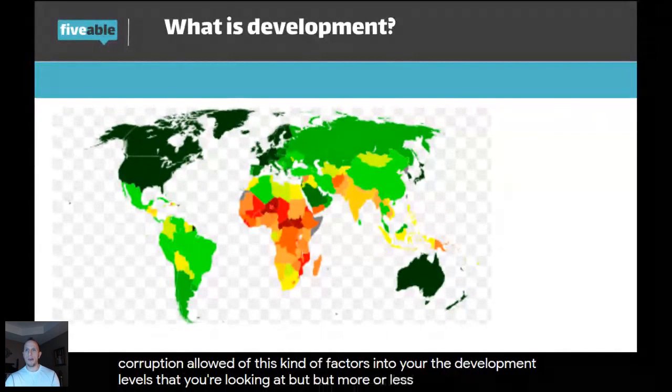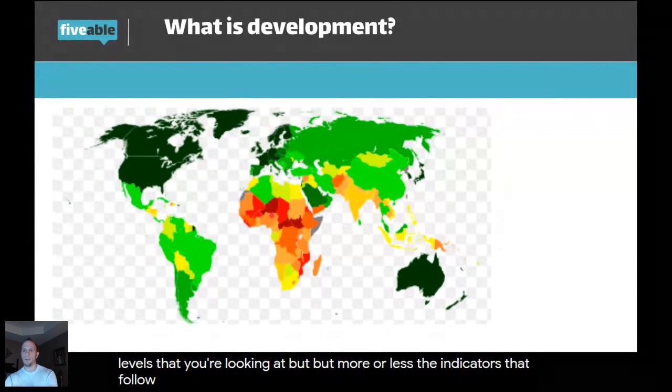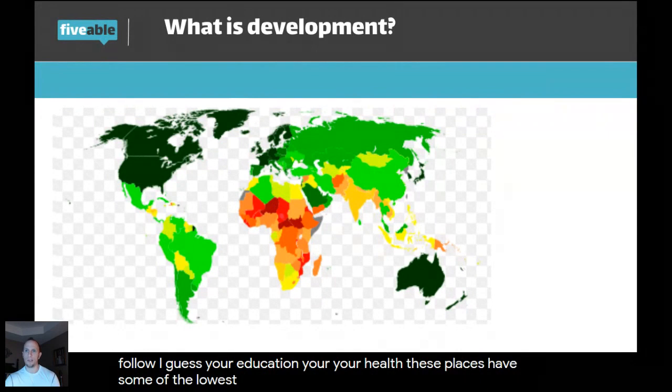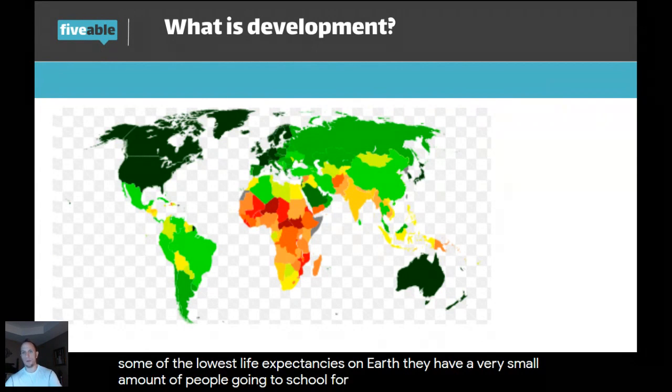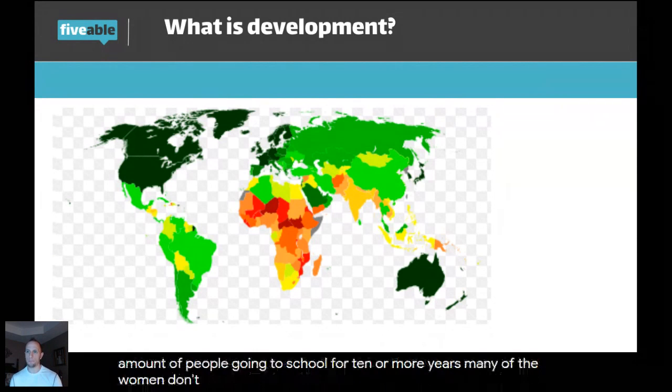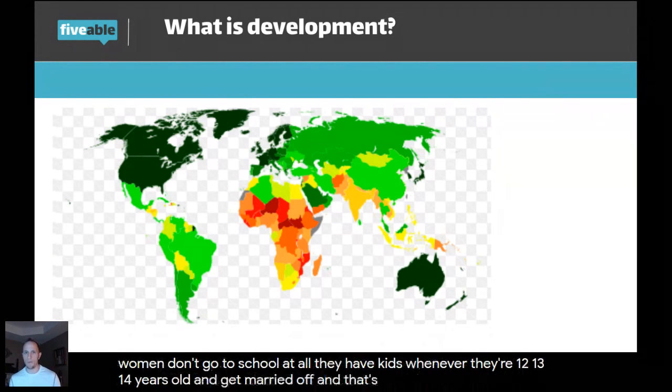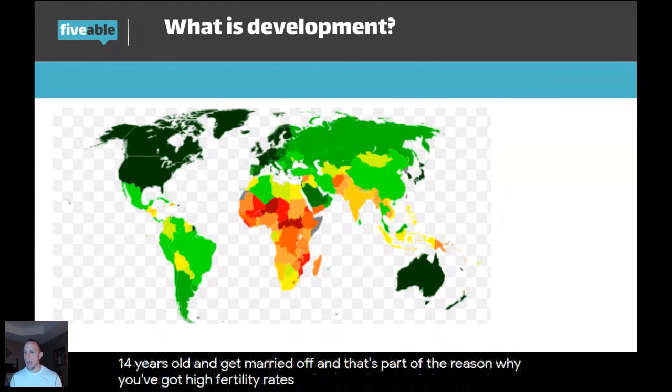But more or less, the indicators that follow are your education, your health. These places have some of the lowest life expectancies on Earth. They have a very small amount of people going to school for 10 or more years. Many of the women don't go to school at all. They have kids whenever they're 12, 13, 14 years old and get married off, and that's part of the reason why you've got high fertility rates as well as some of the economic problems.